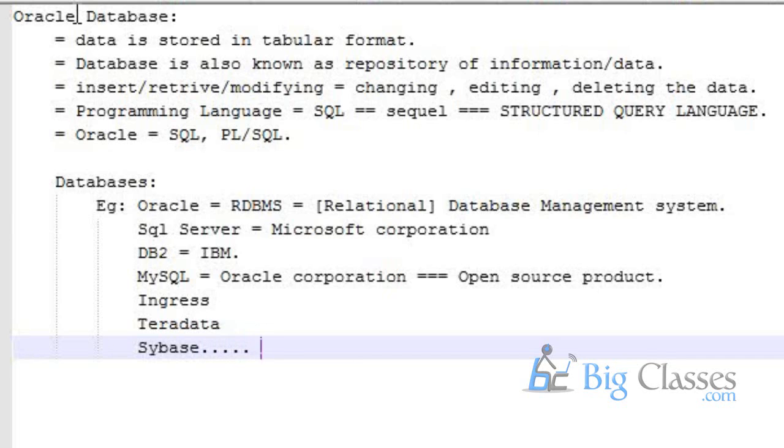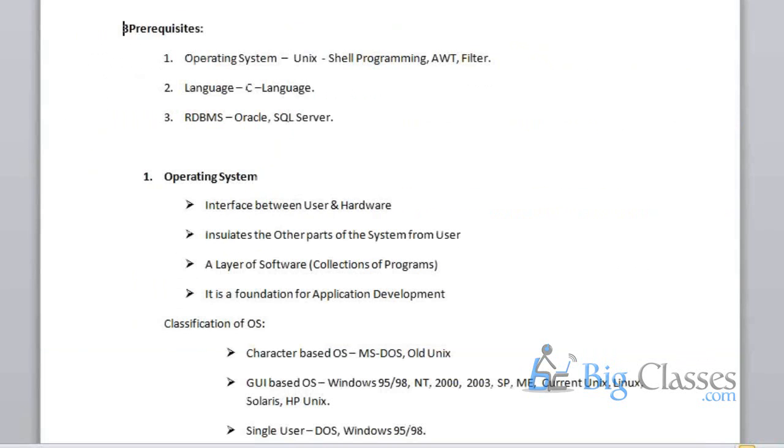Now we will be exploring the prerequisites to learn the Oracle course. Let me open a Word file. Look, there are prerequisites. To learn Oracle, you need to have some knowledge of these things.